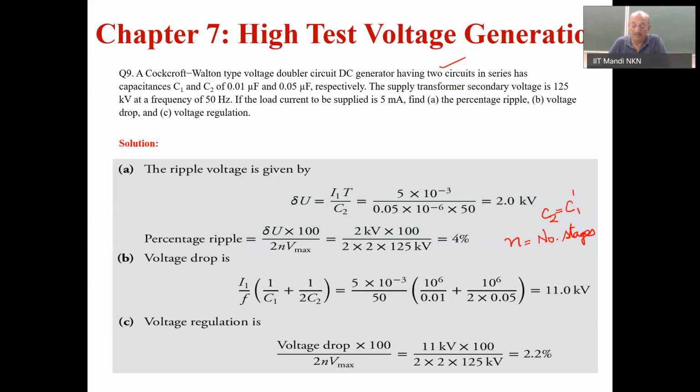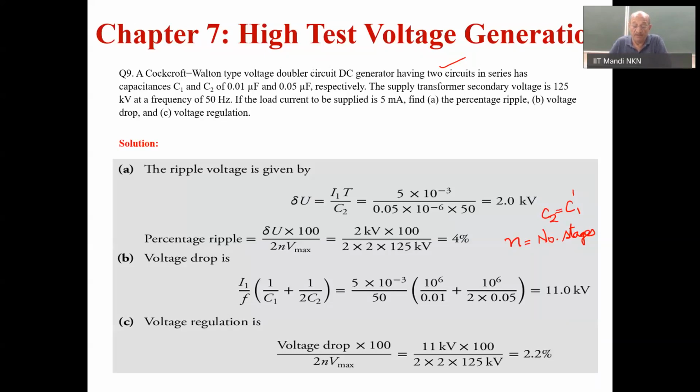Normally instead of V we have taken U max, and U max is taken here in RMS value. Delta U is also calculated in RMS value.